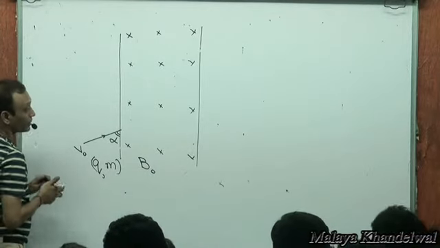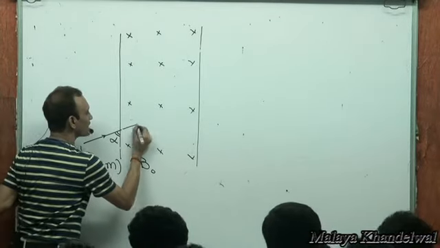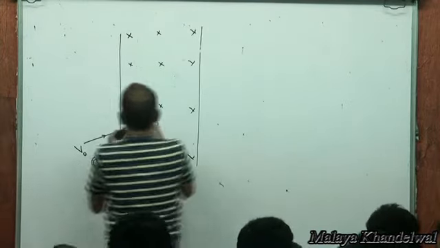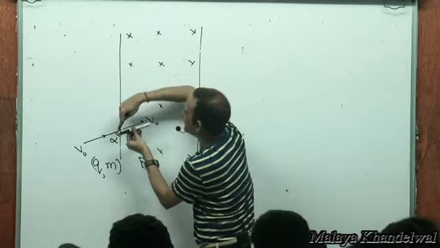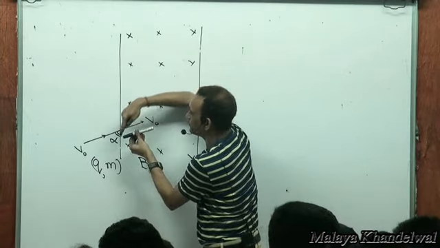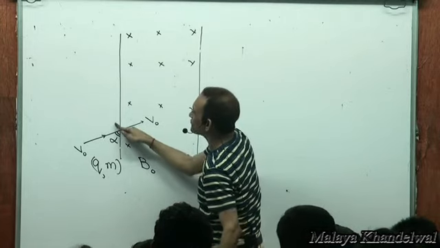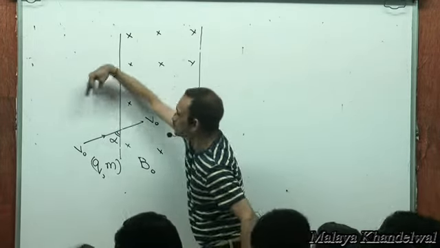Now do you realize that its velocity V0 is like this? B goes into the plane of the board. So do you realize V cross B would be like this?